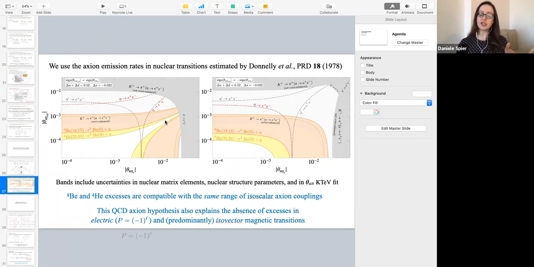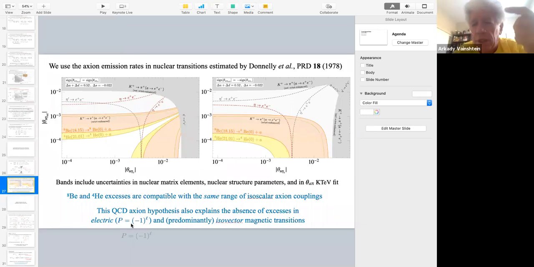And this also explains another interesting thing. There were other transitions looked at by this Hungarian collaboration and other collaborations. These were electric transitions. They have this relation between angular momentum and parity, and no axions were observed in electric transitions. Of the change, so the nucleus makes a transition, so it changes its angular momentum and parity by this relation.